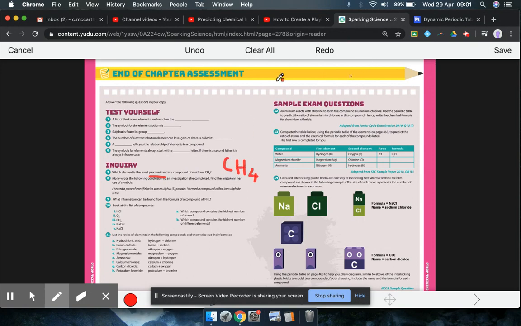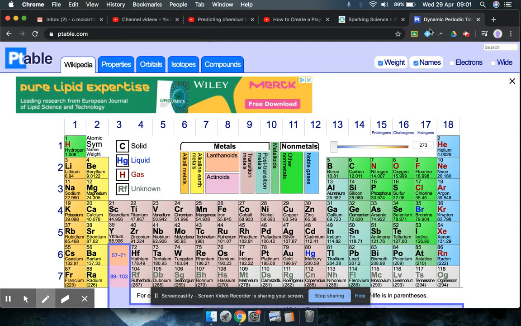We're going to practice looking at valencies. I can see I have carbon, and carbon is in group 4. Hydrogen, remember, is in group 1. So the valency of carbon is 4. It requires losing or gaining 4 electrons, whereas the valency of hydrogen is 1.